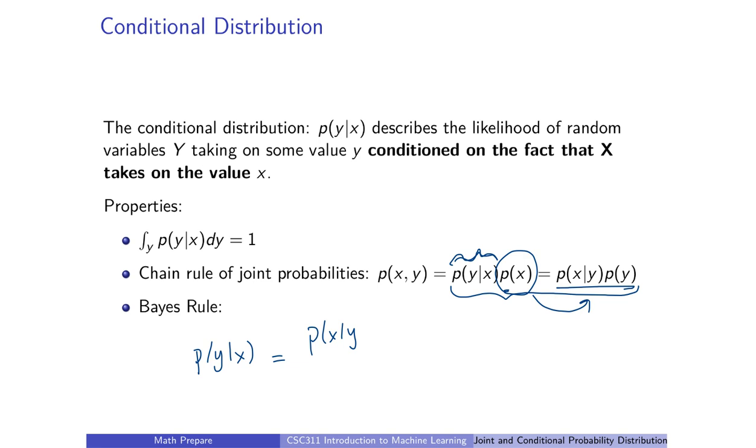So I've got the probability that x is equal to some value given y is equal to some value, times the probability that y takes on some value, divided by the probability of x. So this here is called Bayes rule, and we are not going to see it until much later, but this is a very important property that we will see later in this course.